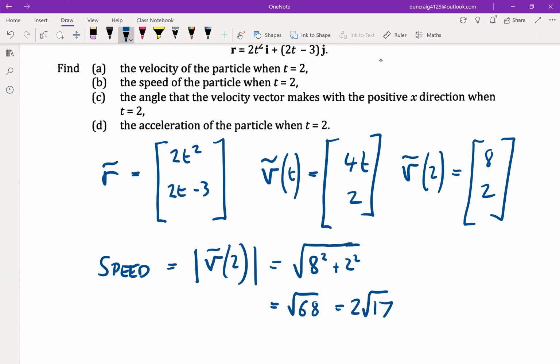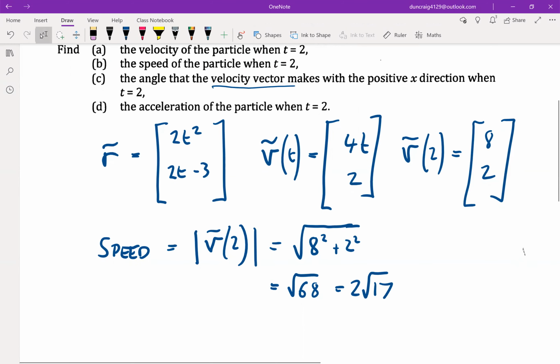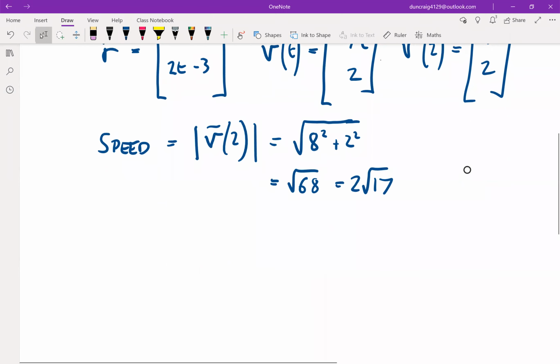For part C, the angle that the velocity is making with the positive x direction when t is equal to 2. We can draw a diagram if we wanted to.